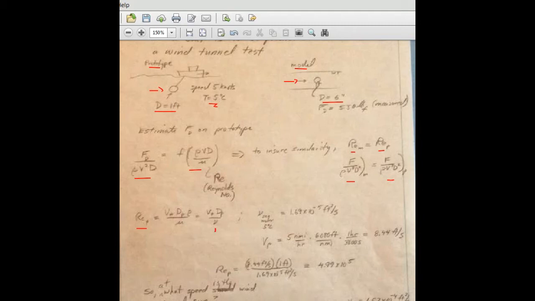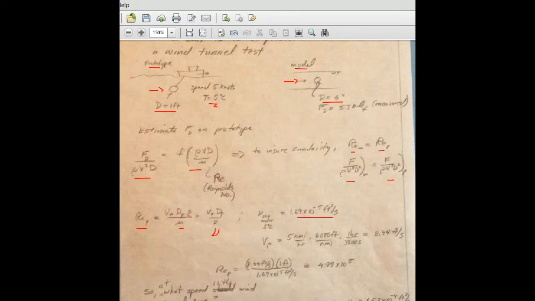Remembering that we can also use this nu, not new term, to be the kinematic viscosity, which is just mu, regular viscosity, divided by the density. So if we look that up for seawater someplace at 5 degrees C, we would get this number. So that's a lookup number.